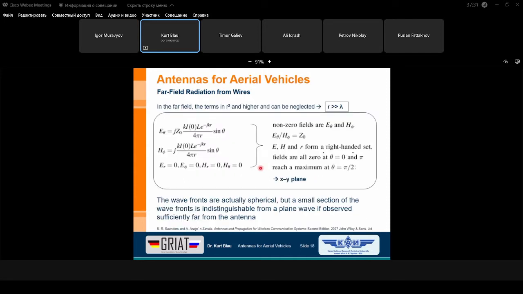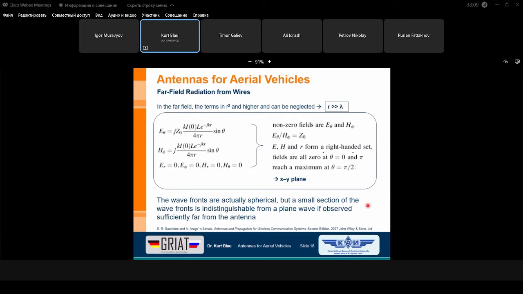The far field region from wires, I wanted to go to, let's say, the behavior of a dipole or its radiation pattern. Every antenna radiates an electromagnetic field, and at least we want to know how the field is distributed in free space, or better, what can we do to give the antenna a special characteristic.